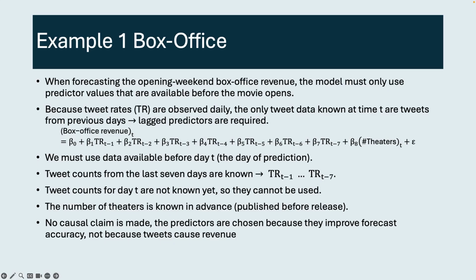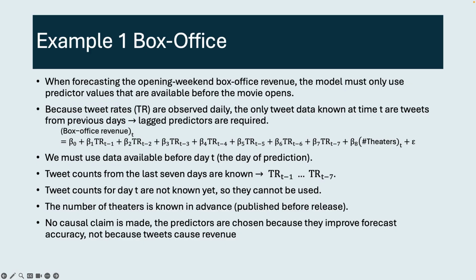The box office example is one of the things that we have here with an external variable. When forecasting the opening weekend box office revenue, the model must only use predictor values that are available before the movie opens. Because tweet rates are observed daily, the only tweet data known at time t are the tweets from previous days, so lagged predictors are required here.